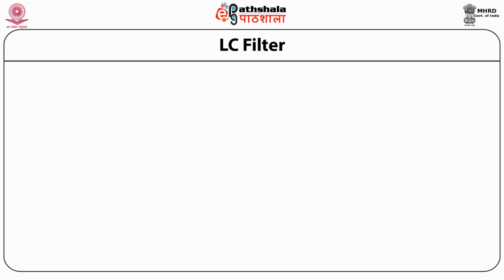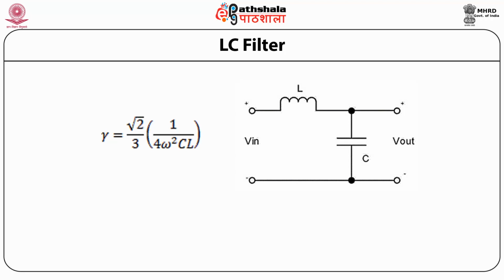Another type of filter is the LC filter, where we have the combination of the inductor in series with the capacitor connected like this. In this filter, the ripple factor is directly proportional to the load resistance in the inductor filter, whereas in the capacitor filter it is inversely proportional to load resistance.